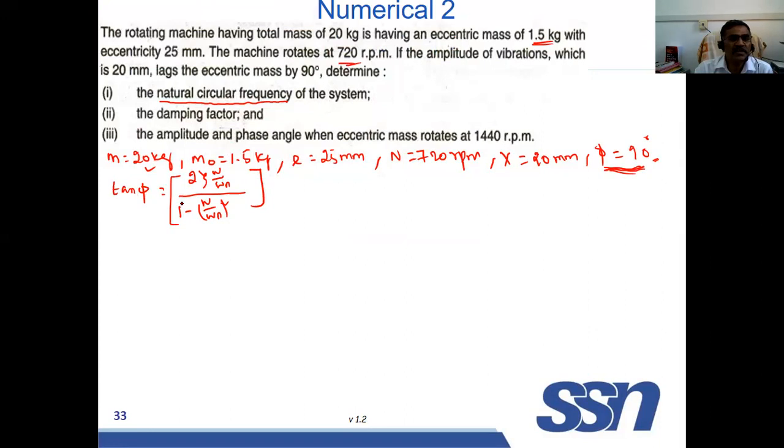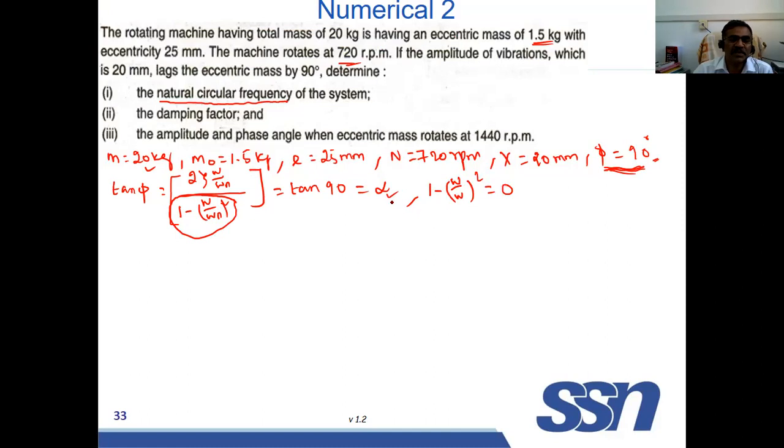Here phi is equal to 90 degrees. Then tan 90, what is tan 90? Tan 90 is equal to infinity. If this is infinity, what will be the value of the denominator? It must be 0. Only if the denominator is 0 will this value be infinity. So 1 minus omega by omega n the whole square is equal to 0.